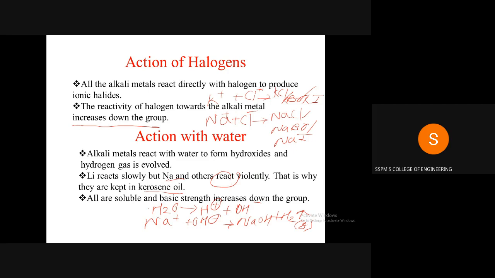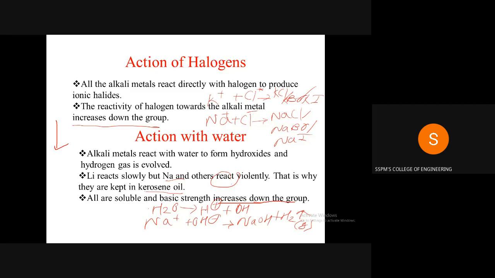All are soluble and basic strength increases down the group. So the basic characteristics of these elements increase when you go down the group. From this slide we can learn that reactivity towards halogens increases down the group.